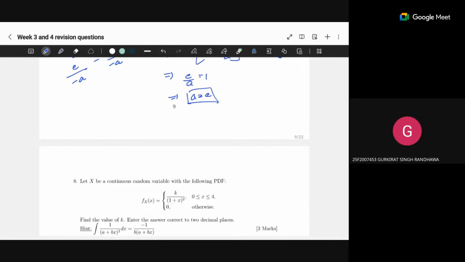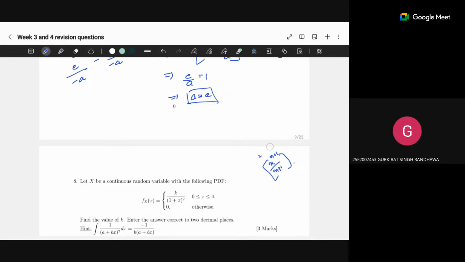Ma'am, this type of hints also come in the exam, na? Or do we get a formula sheet? Formula for what? For differentiation and integration formulas. Yeah, they will just give you the basic thing, like how to solve an integration, for example the integration of x raised to the power n, which is basically x to the n plus 1 upon n plus 1.